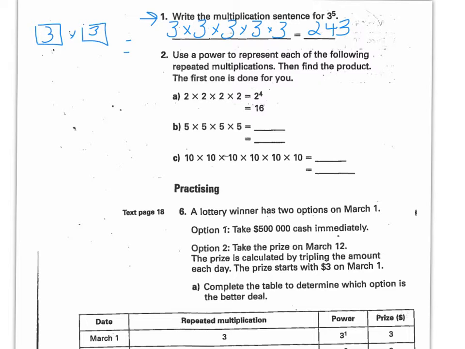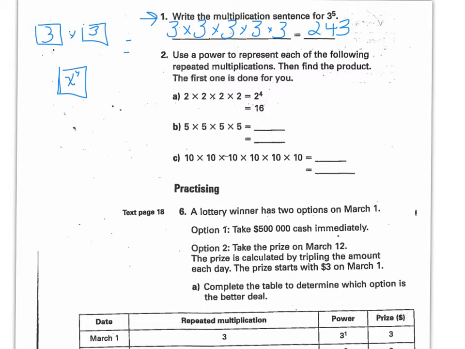Some of you may have a calculator that has a special function. Look on your calculator keypad for a button that has an X with a tiny Y up in the corner. That is used as the power function.